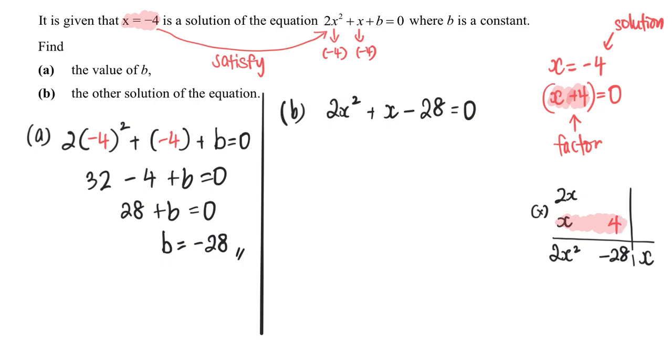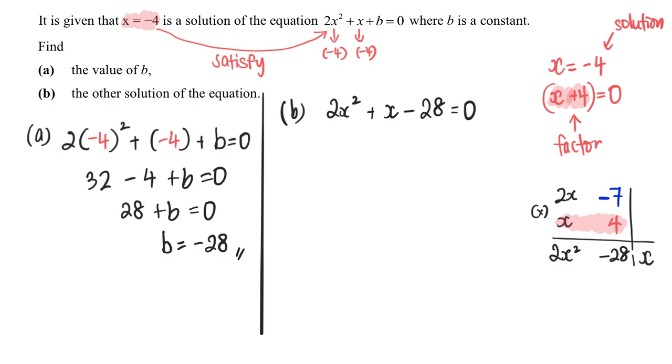This is something for you all to take note of. From here, I could get the other answer quite easily, because 7 times 4 is 28. And since 4 is positive, 7 must be negative.